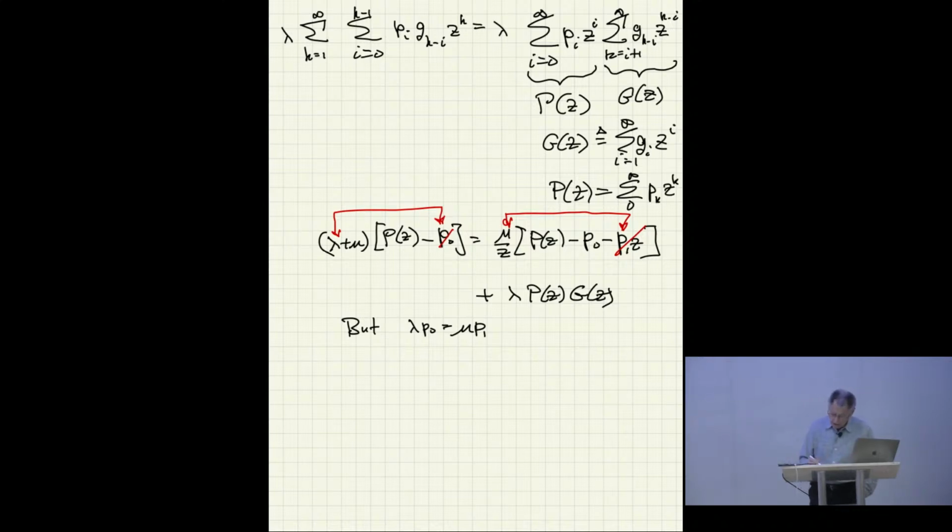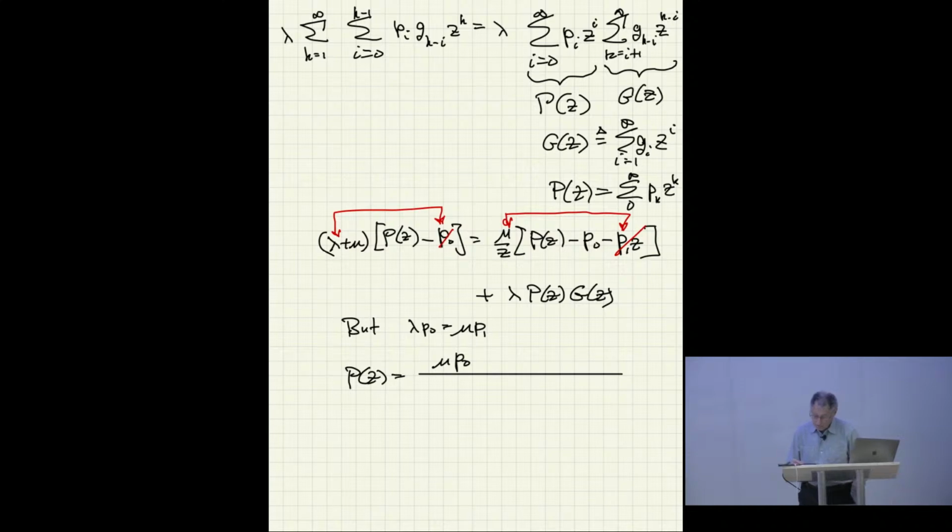And I'm going to factor out p of z while I'm at it and solve for it. So p of z equals the following. What's left upstairs which is not p of z? Well, there's a mu p0 on the left-hand side, so on the right-hand side it becomes mu p0.